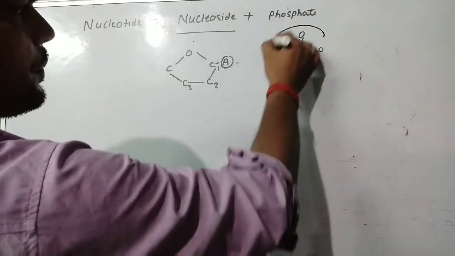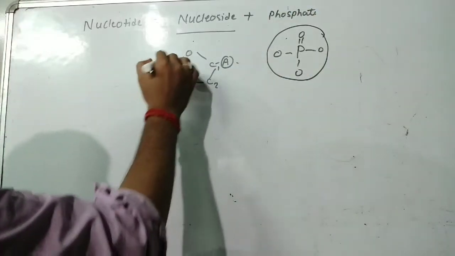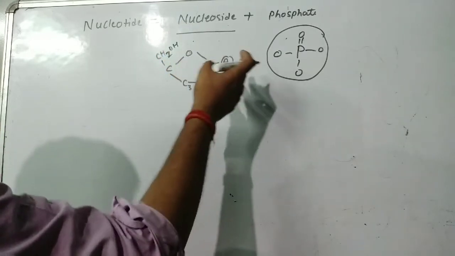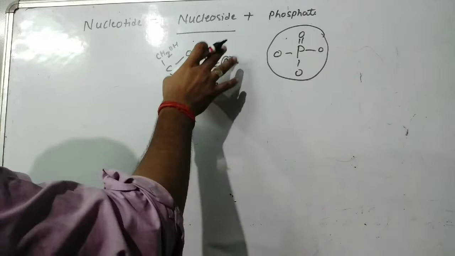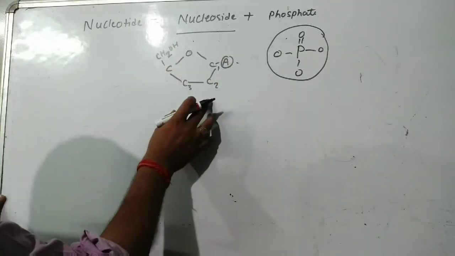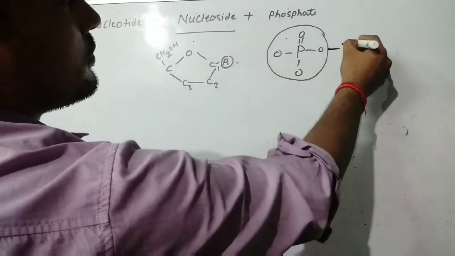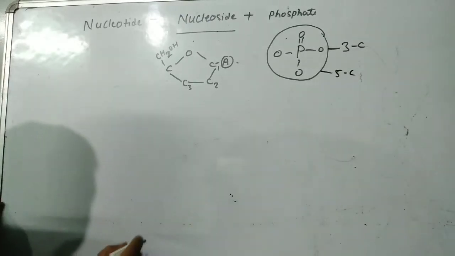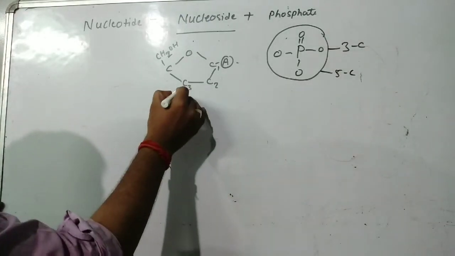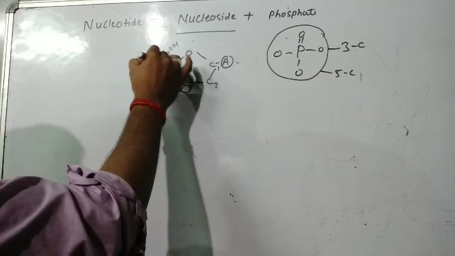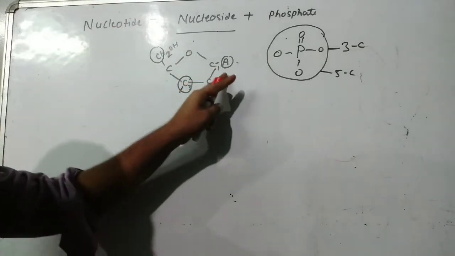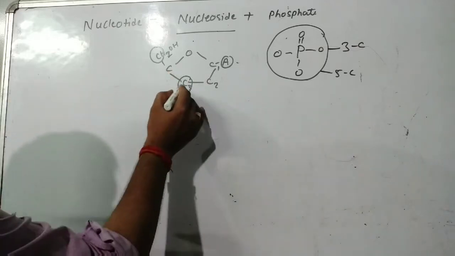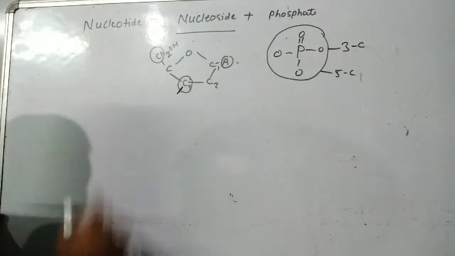Now this phosphate group is going to be attached to this nucleoside by the deoxyribose sugar, either at the third carbon atom or at the fifth carbon atom. It is not going to attach at the first, second carbon atom. So either it will attach at third or at fifth carbon atom.